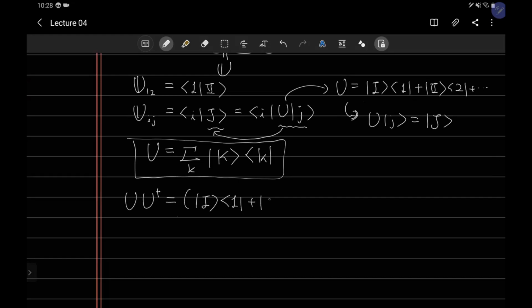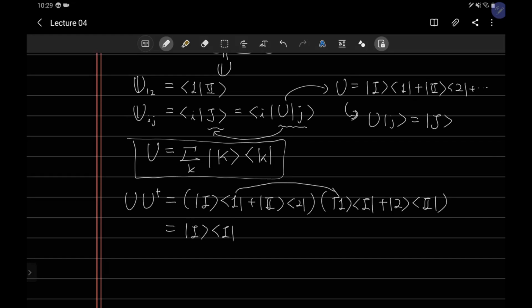It is something like this one, and the adjoint of this one is that they will just switch the location, so something like this one. Then if we use the distributive property, this one will survive because they will just turn into one, so it will become like this one.